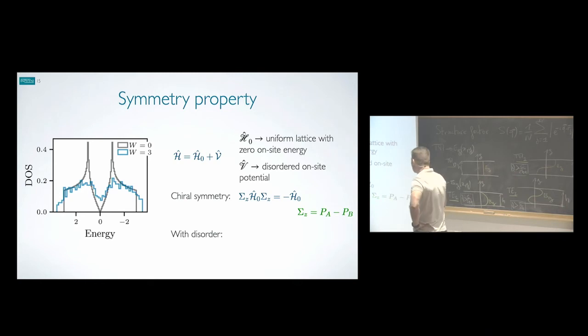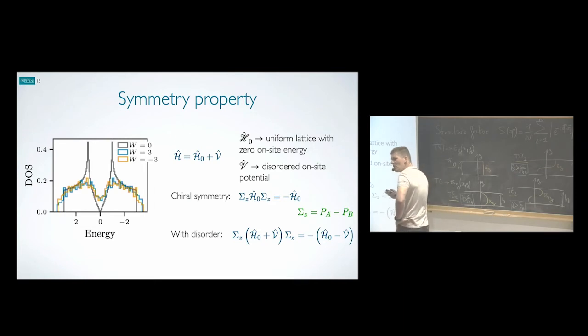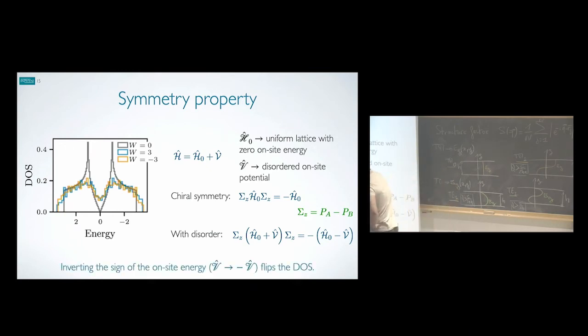But the disorder is a diagonal disorder, so a helpful relation remains: if you apply sigma z to the complete operator, you have this relation, that the application of sigma z changes the sign of the on-site energy. And this is exactly what we observe. For the same realization of disorder, we just invert the sign. It's not a new simulation with a new disorder. It's the same disorder, but we invert the sign. And what we see is that it inverts the band.